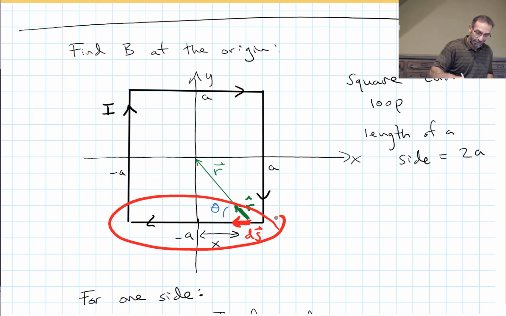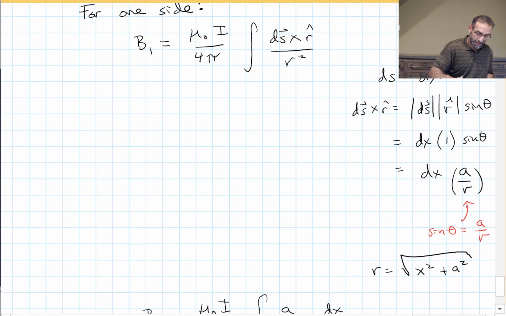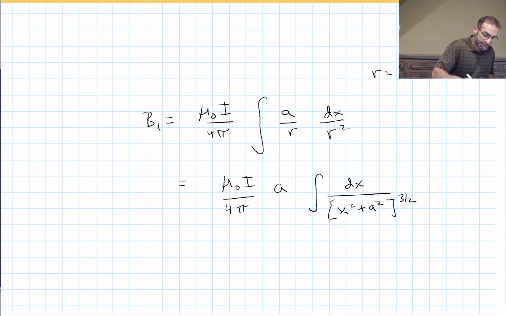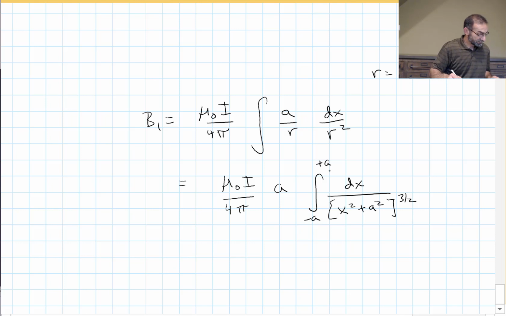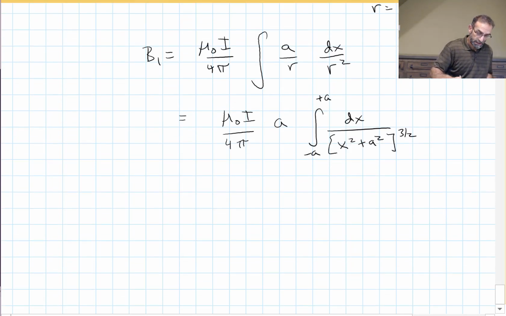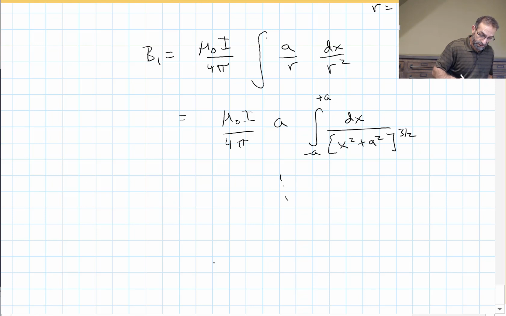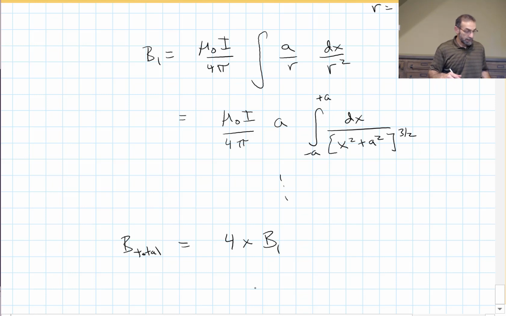We add them all up from minus A to plus A. And we look that up, get the answer. I don't have it here in front of me. And then we say the total magnetic field is 4 times the magnetic field due to one side.